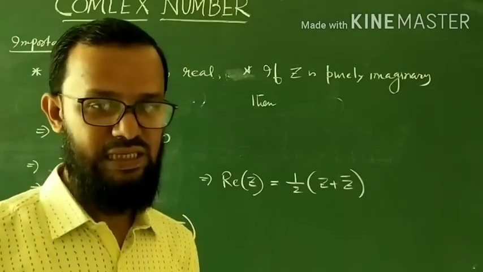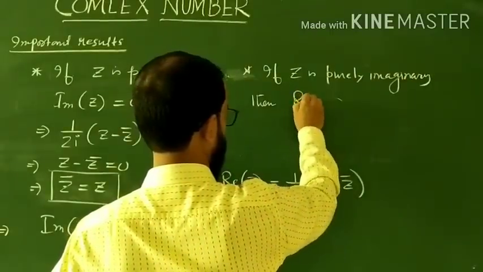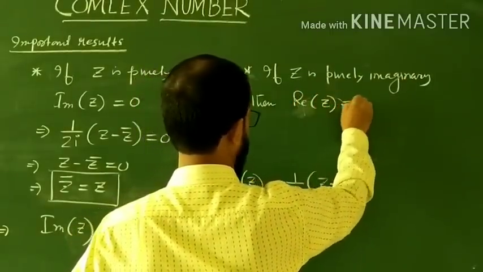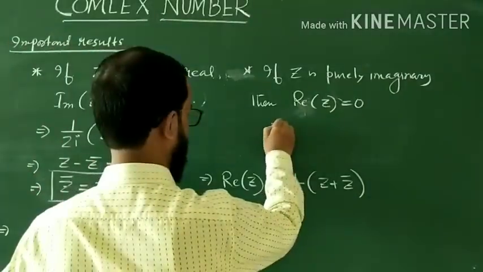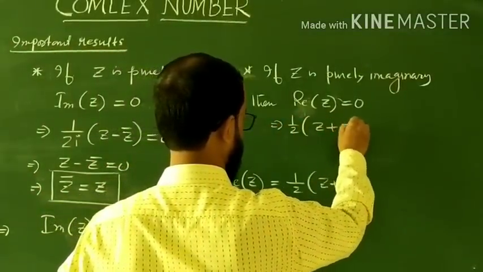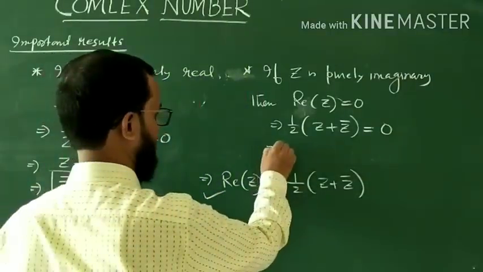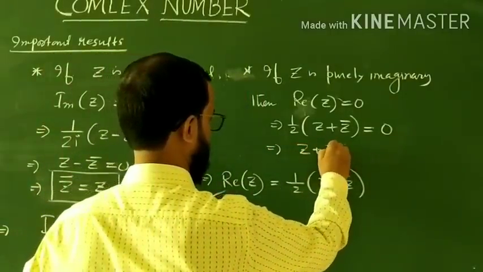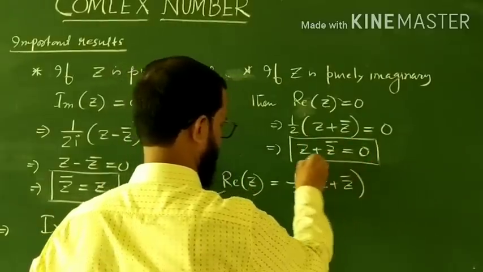Real part means a, that means real z equals 0. From this result, real z is half into z plus z bar, which equals 0. And you can conclude that z plus z bar equals 0. This is a very important condition.